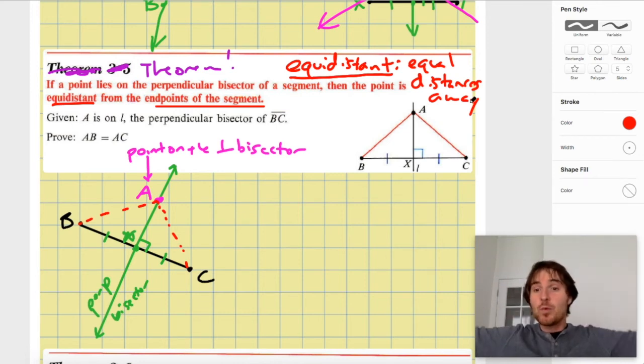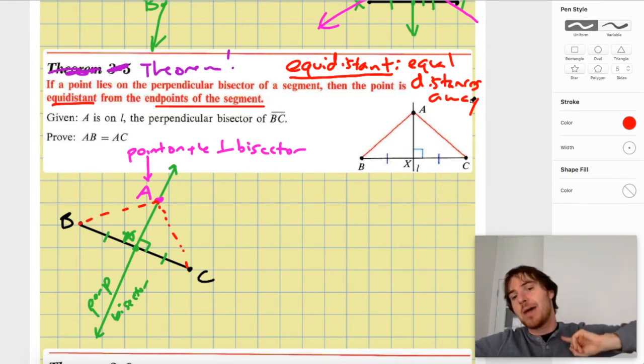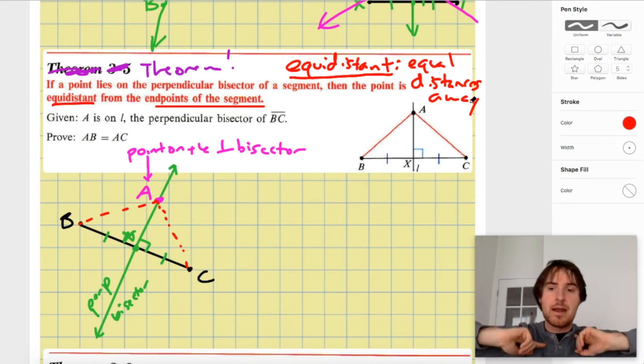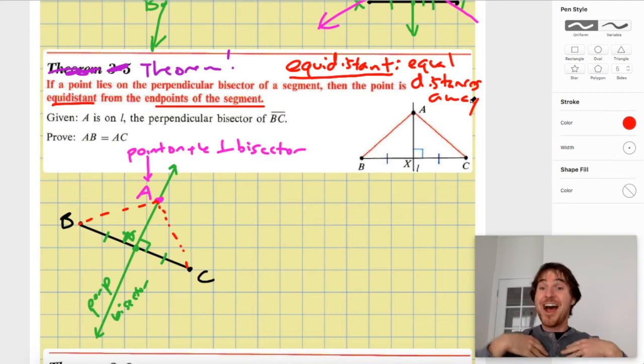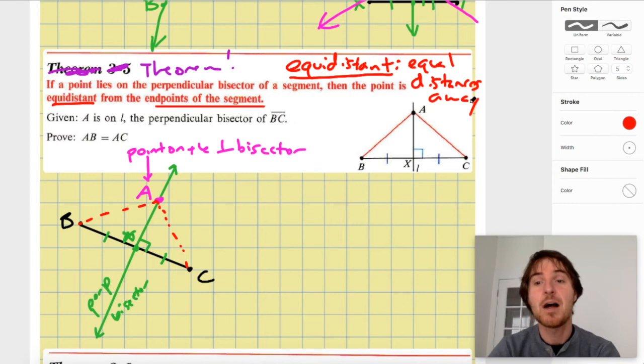I am equidistant to Lowell High School as I am to the Golden Gate Bridge, right? If I run to Lowell High School and I run back, that's just as far as if I run to the bridge and then I come back, okay? So I am on the perpendicular bisector of the segment connecting the Golden Gate Bridge and Lowell High School. That's what that tells me. Anyways, equal distance away.